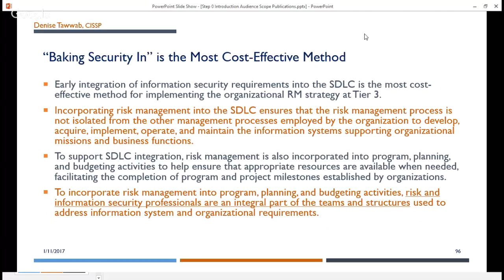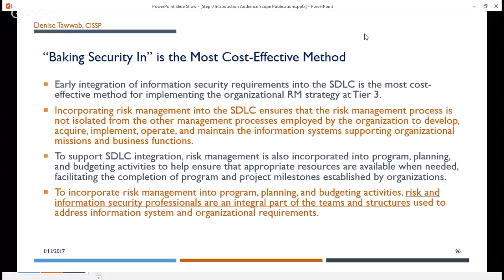To support SDLC integration, risk management is also incorporated into program, planning, and budgeting activities to help ensure that appropriate resources are available when needed, facilitating the completion of program and project milestones established by the business. To incorporate risk management into program planning and budgeting activities, risk and information security professionals are a key part of the teams and the structures used to address information system and organizational requirements.